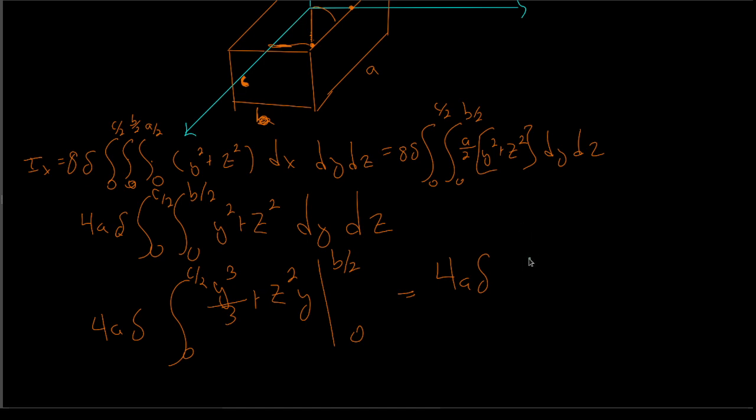And so that's going to be b cubed over 24 plus z squared b over 2 dz.